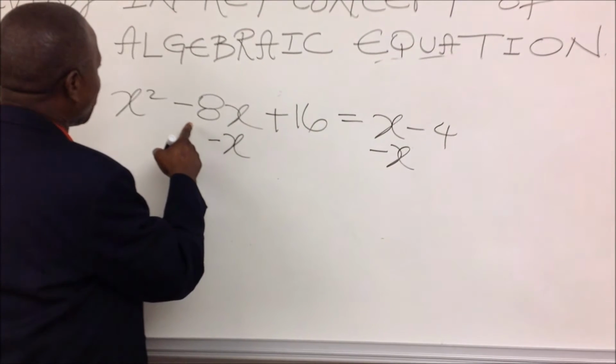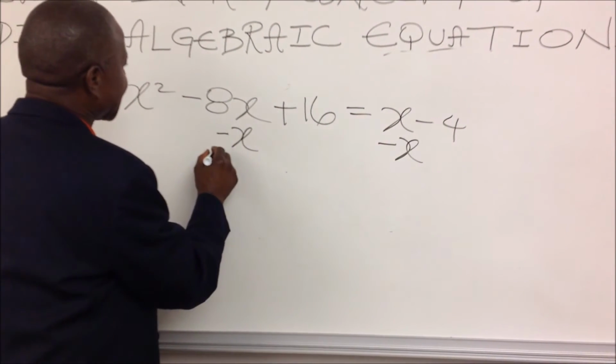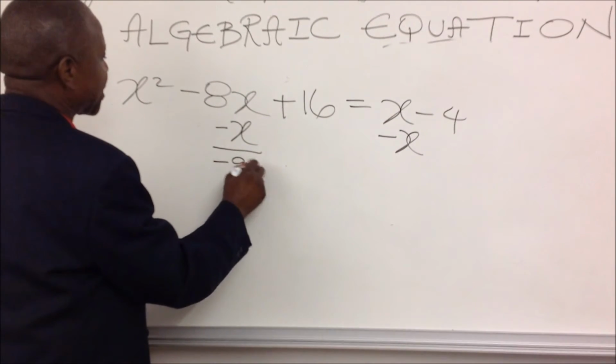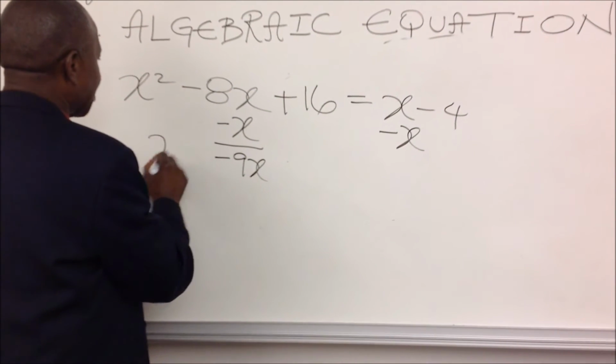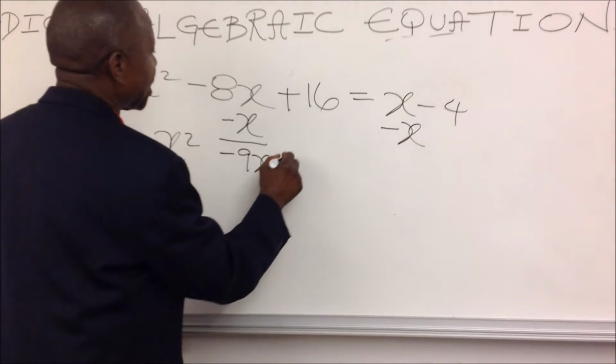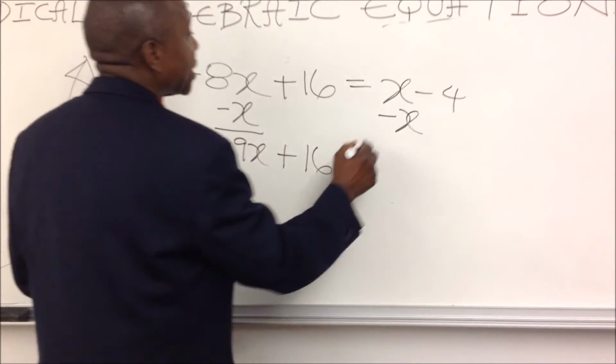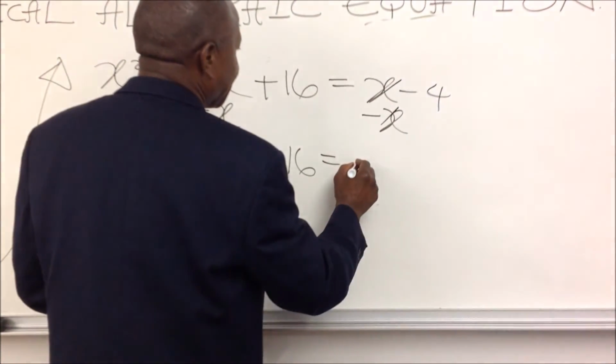What will be negative 8x minus x? That will be, of course, negative 9x. So this means we have x squared minus 9x plus 16 equals negative 4.